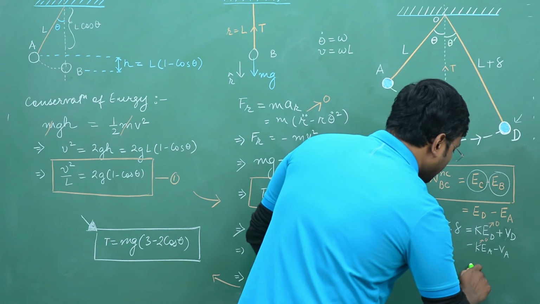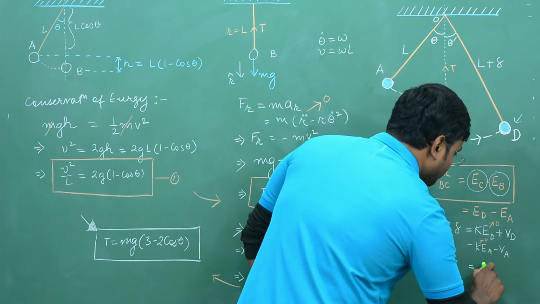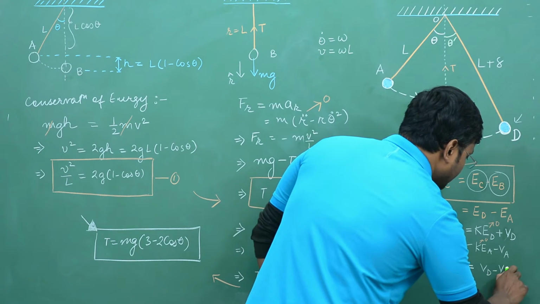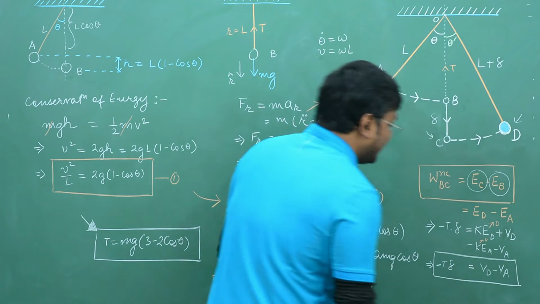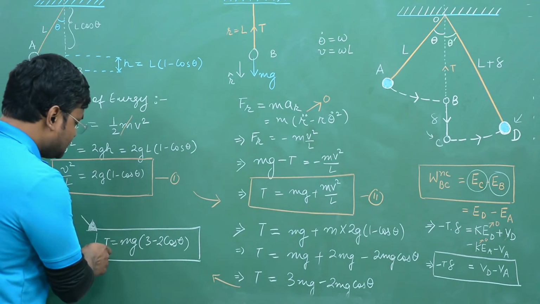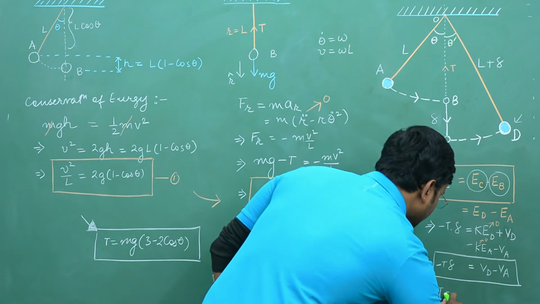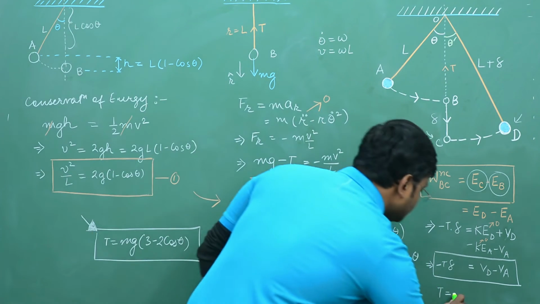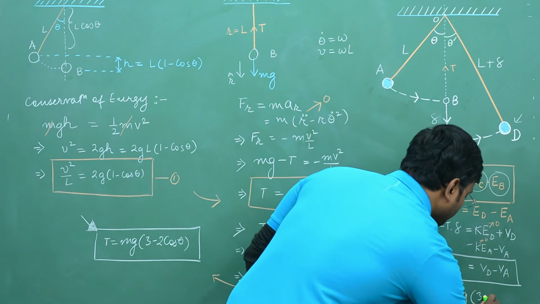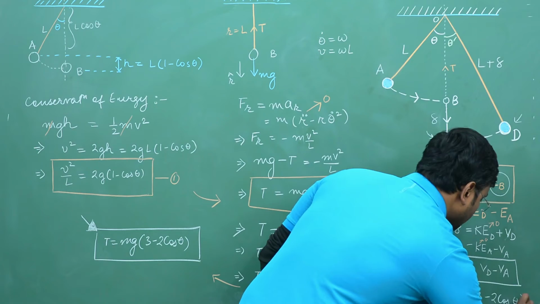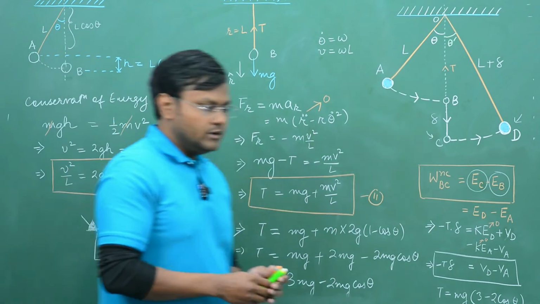So this essentially becomes minus T del is equal to VD minus VA, which is the difference in the potential energies between locations D and A. Now I am going to apply the tension that I have earlier derived in this equation. Let me write what the tension is that I have obtained. Tension I have obtained as mg times 3 minus 2 cos theta. So I am going to keep this here and I am going to erase the left hand side so that I can do the further calculations.